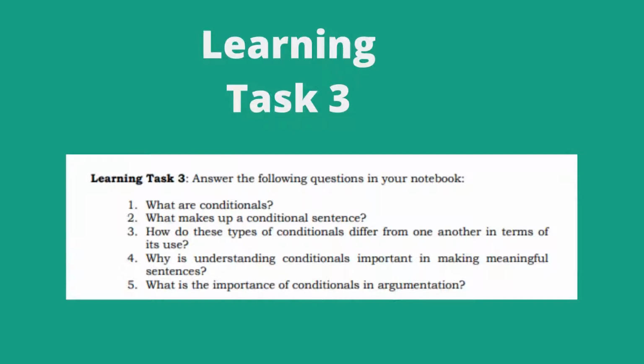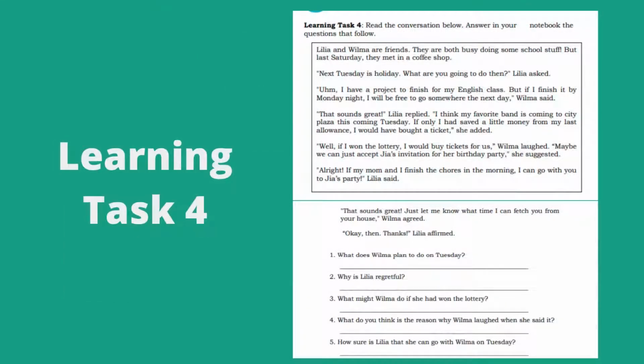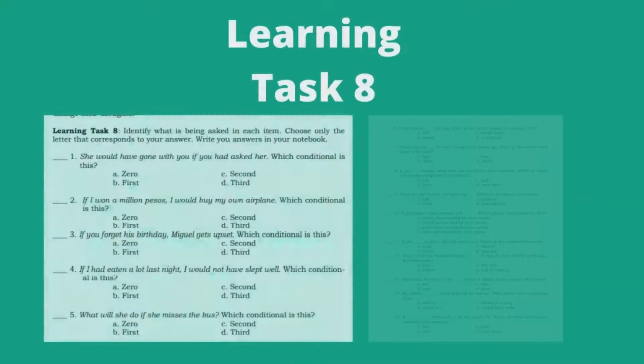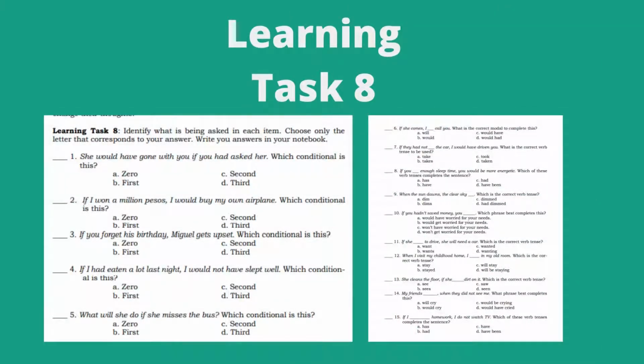Learning task 3. You have to answer the following questions. Write the answers only. For learning task 4, you have to read the conversation, then answer the following questions below. Write the answers only. For learning task 8, you have to identify what is being asked in each item. Write the answers only.